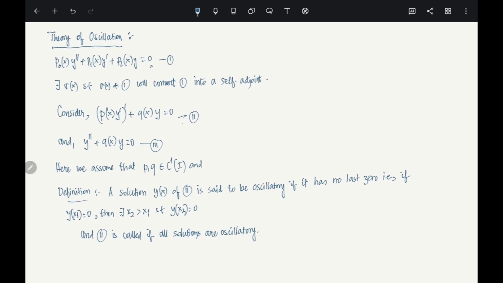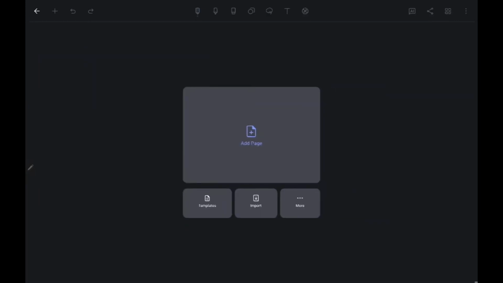If all solutions are oscillatory, then we call the equation an oscillatory equation. And if you are just looking at one solution, that is oscillatory if it does not have any last zero. Very clear, right? And of course, if you have a solution y of x which is not oscillatory, we will call it non-oscillatory. That's just nomenclature, right?